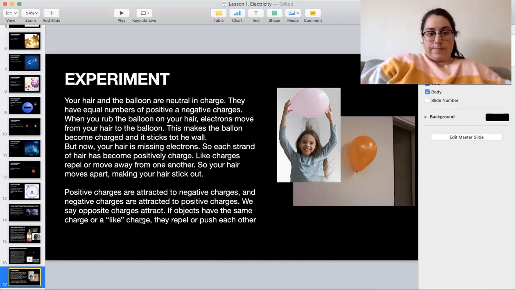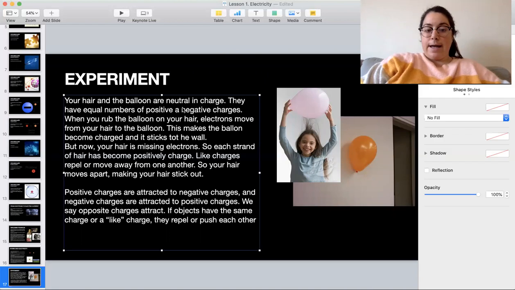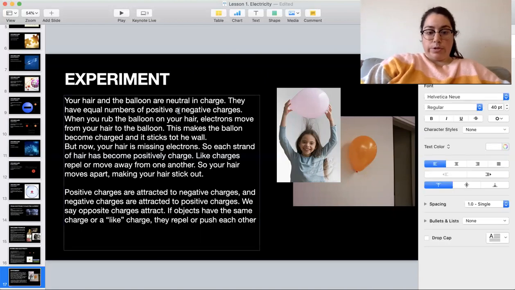It's because usually the hair and your balloon are neutral in charge. So they have equal numbers of positive and negative charges, okay? But when you rub the balloon on your hair, electrons move from your hair to the balloon. And this makes the balloon become charged and it sticks to the wall because it's charged, okay?